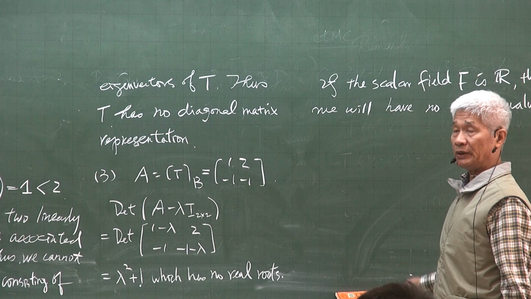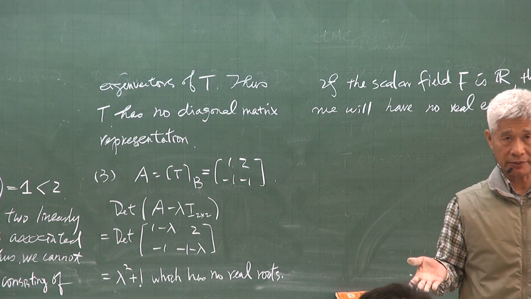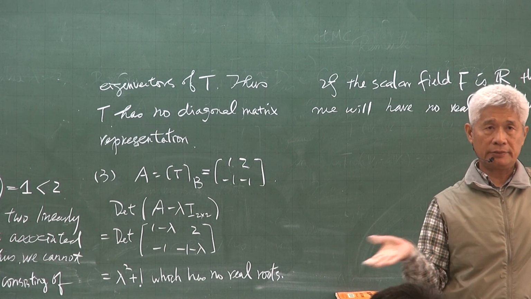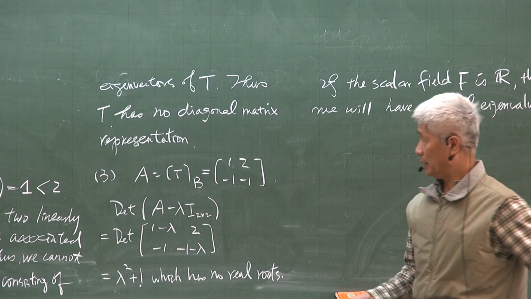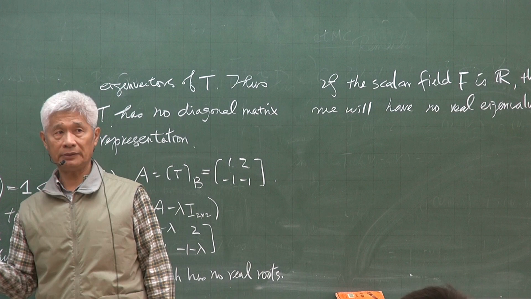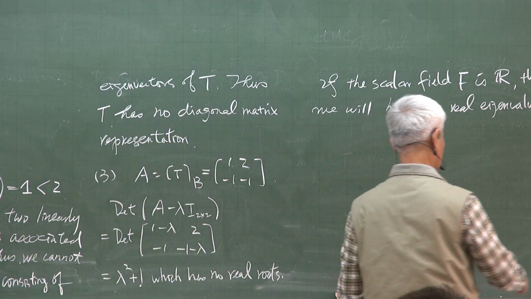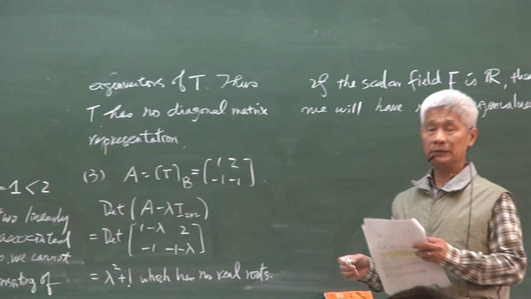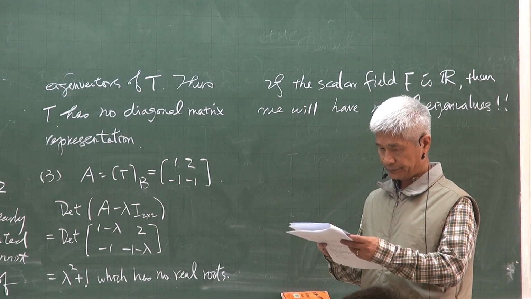With no real eigenvalue, we cannot find any real eigenvectors, right? So, of course, there is no hope to have a diagonal matrix representation. Right, so that is this situation.